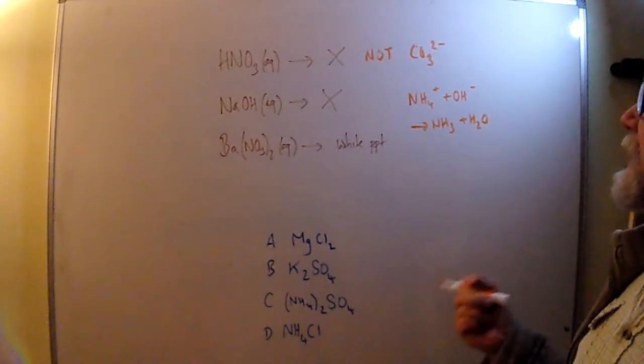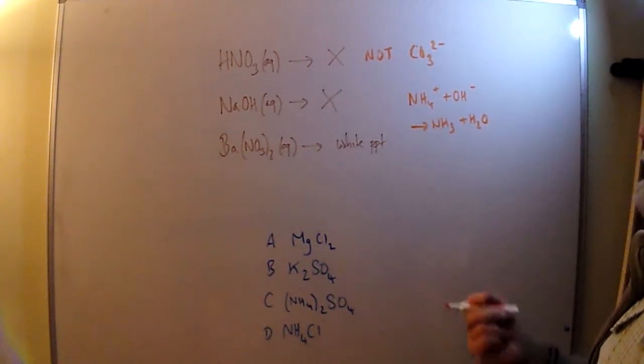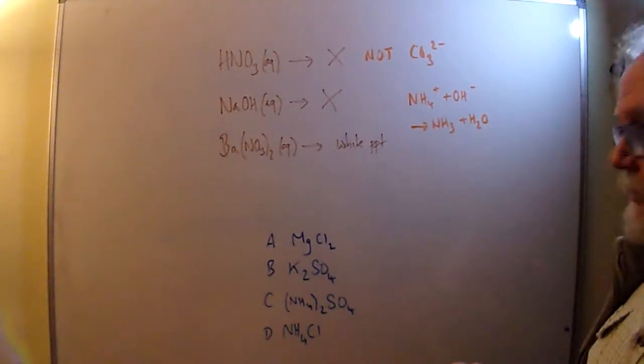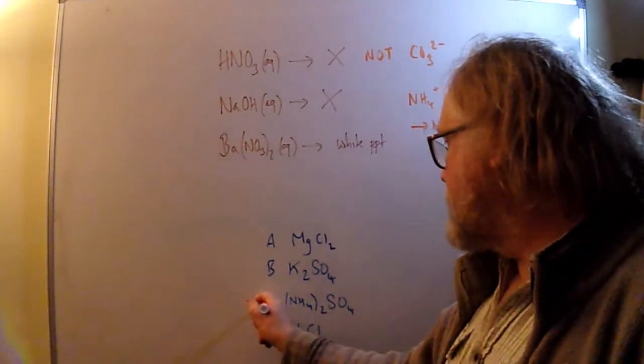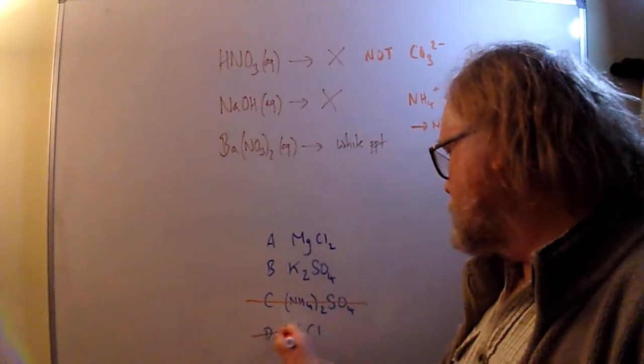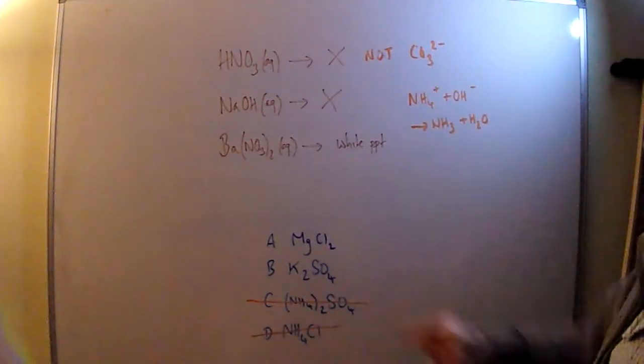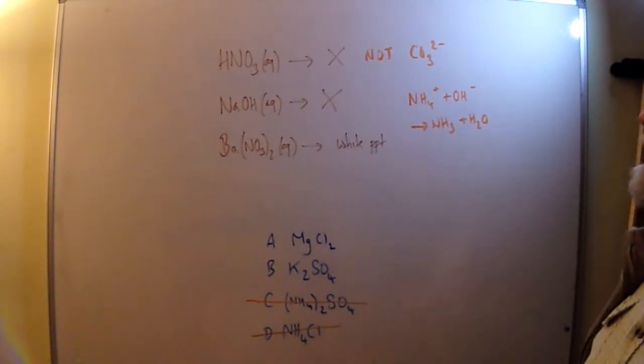So the fact that there's no reaction with aqueous sodium hydroxide when you heat it tells us this is not an ammonium compound. So it straight away rules out C and it rules out D. So we're just now distinguishing between these two.